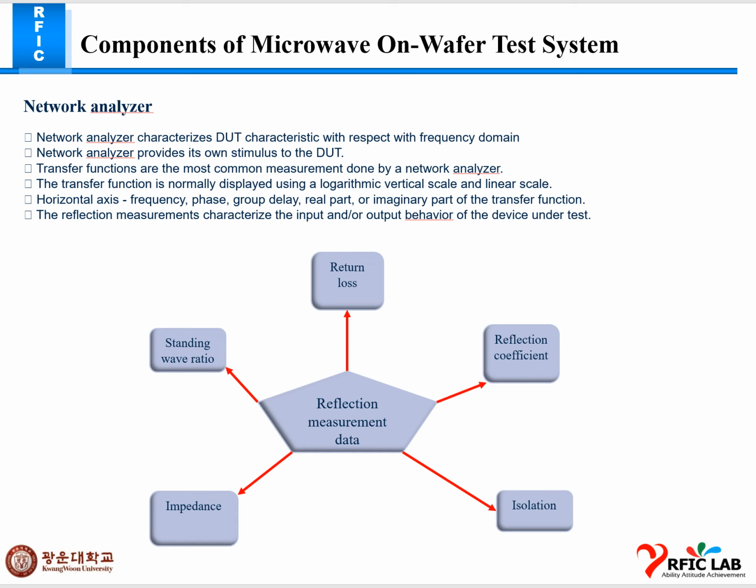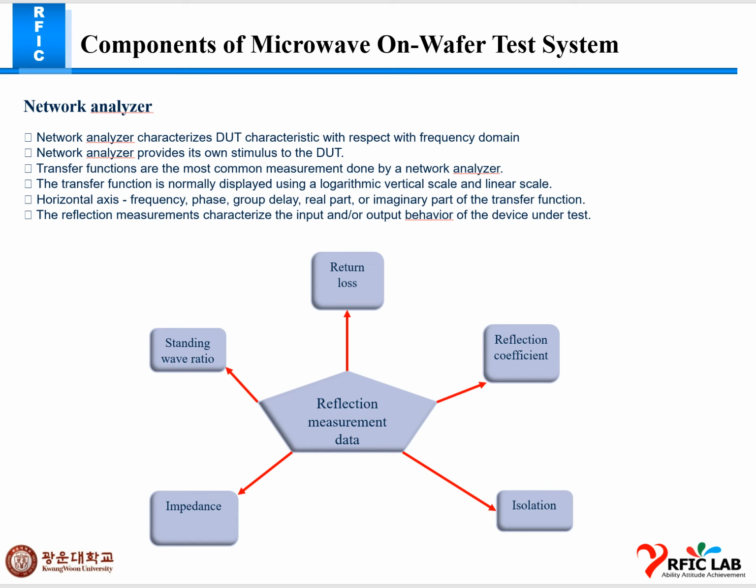The transfer function is normally displayed using a logarithmic vertical scale and a linear scale, and the horizontal axis has frequency, phase, group delay, and the real or imaginary part of the transfer function.